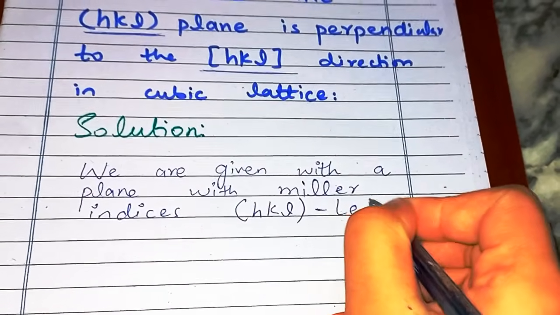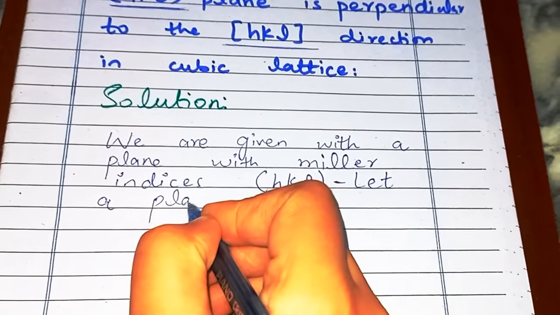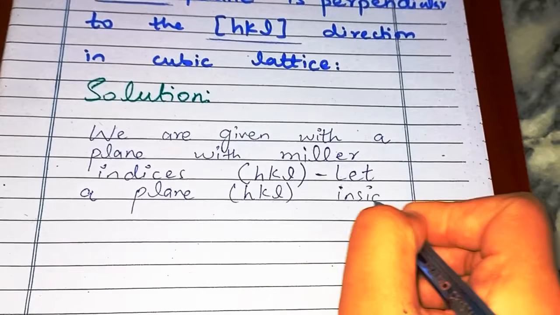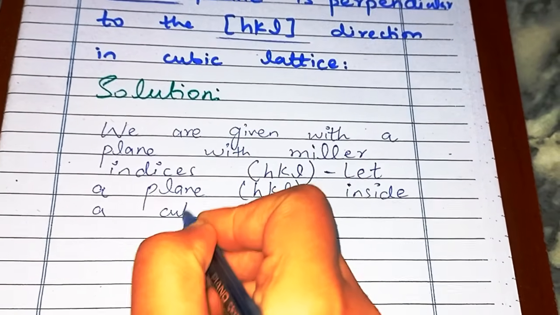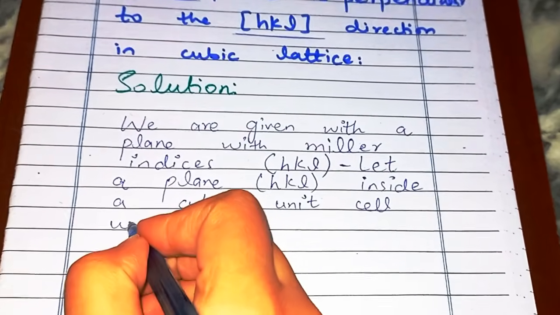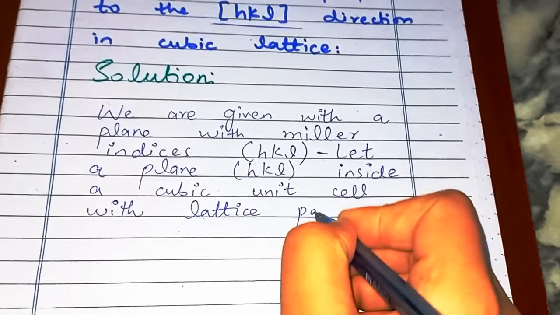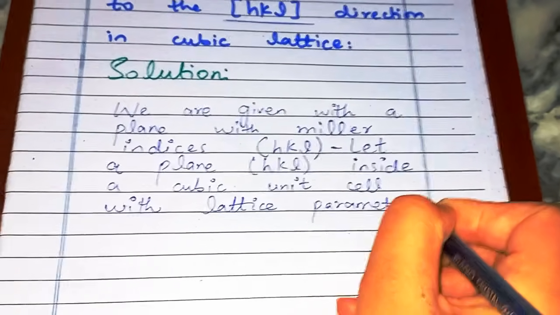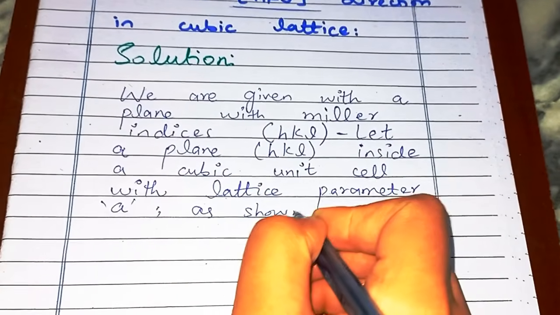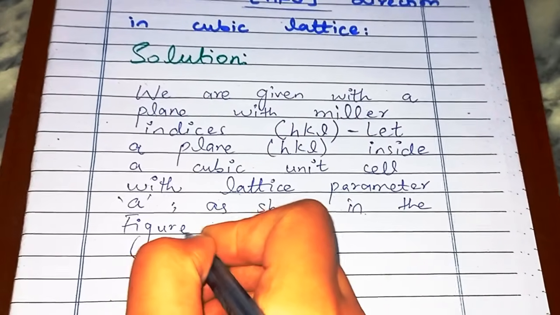So let a plane HKL inside a cubic unit cell with lattice parameter A, as shown in figure 1.